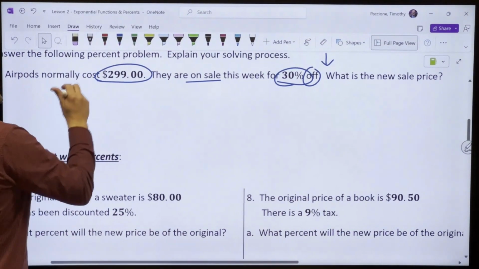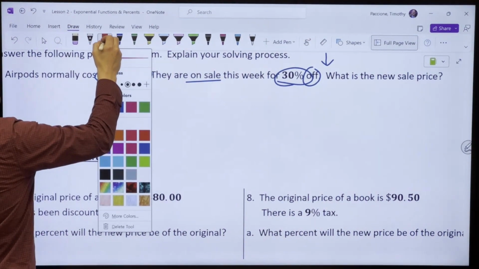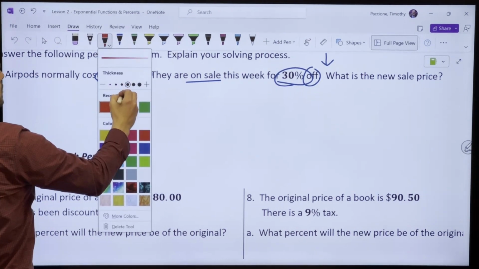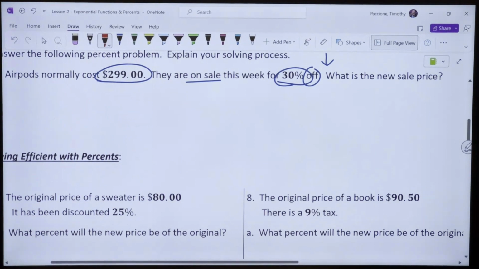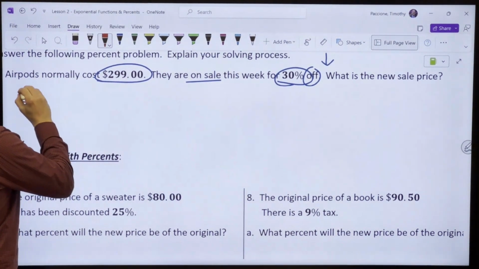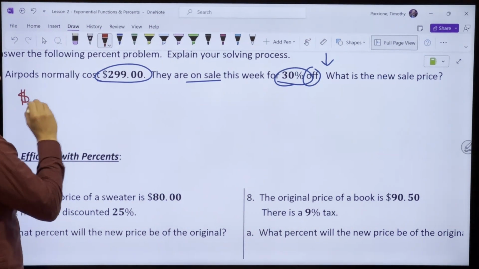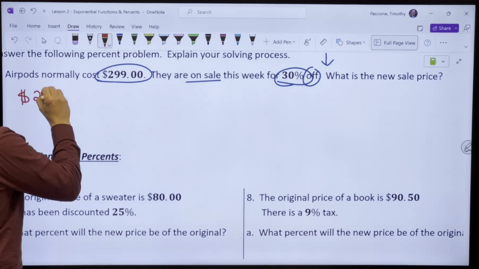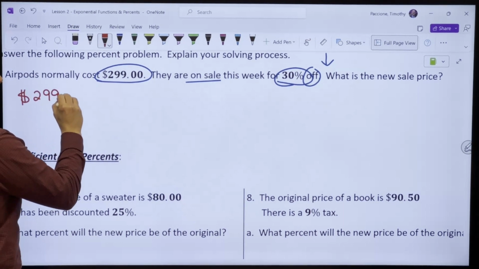All right. Anybody able to do this? Go ahead, Fatima. Talk me through it. Yeah. 30% of 299 is... Hold on. Talk to me how you did it. 299 times 0.30?